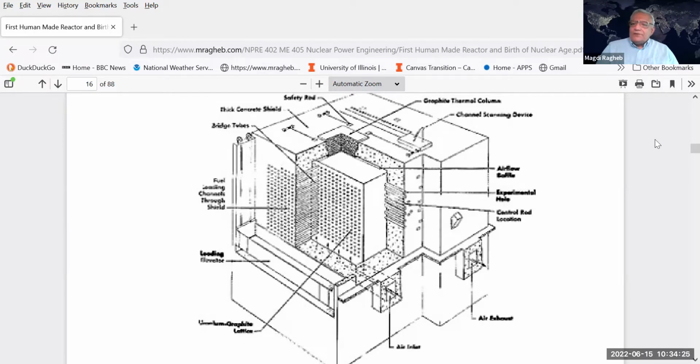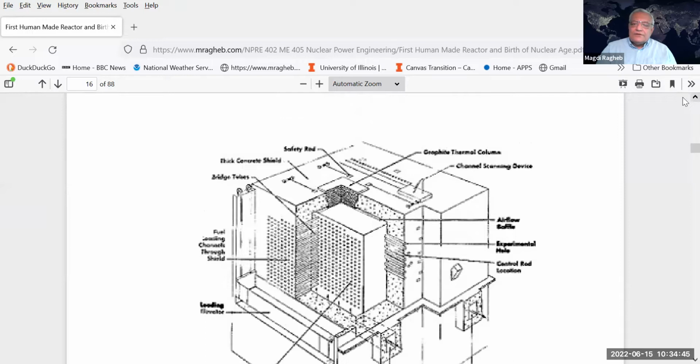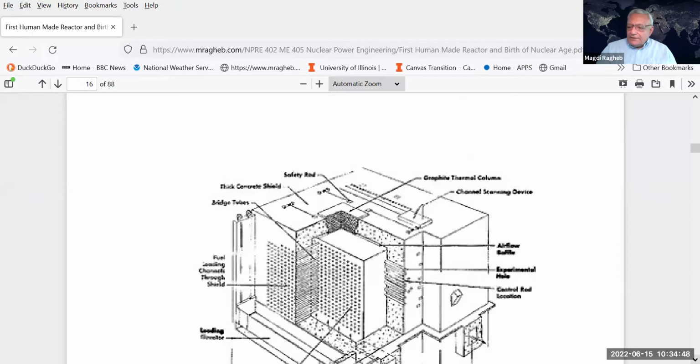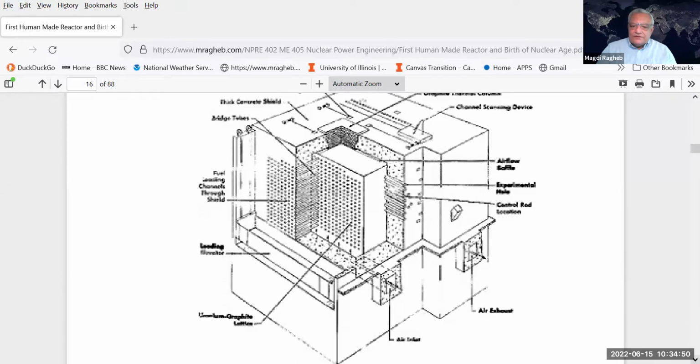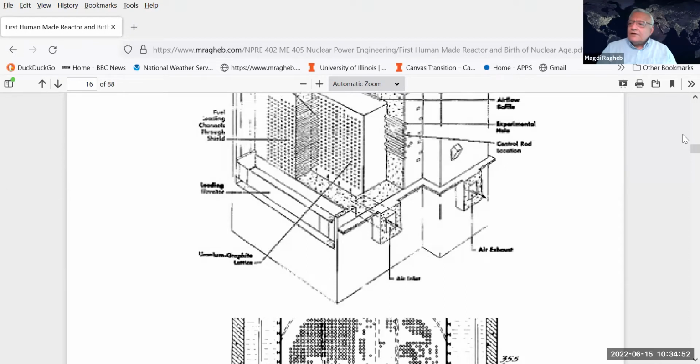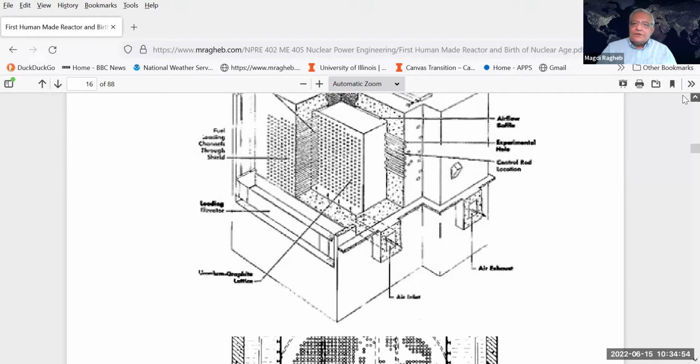The Chicago Pile #1 and Chicago Pile #2 were not good enough in terms of their ability to produce fissile fuel. So another reactor had to be built that had a greater power, and this was designated as the X-10 reactor, shown here.